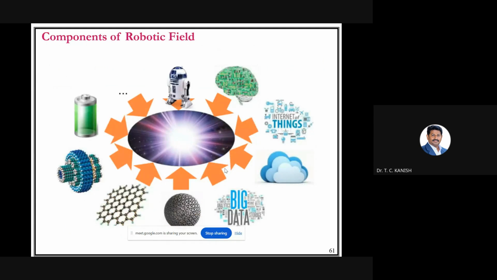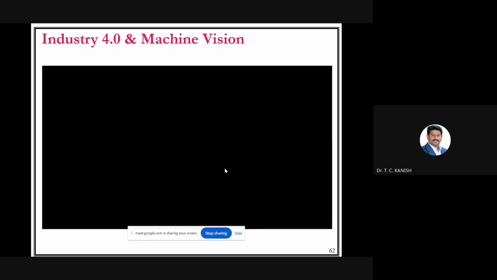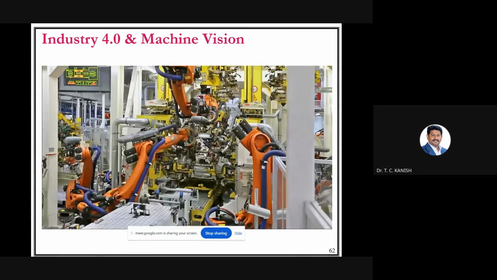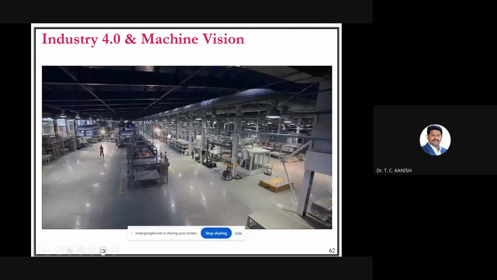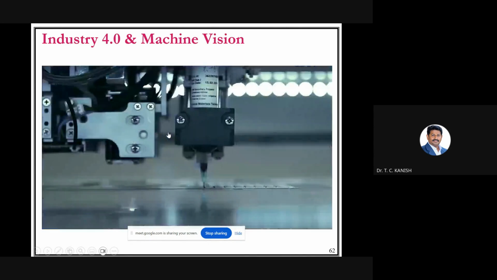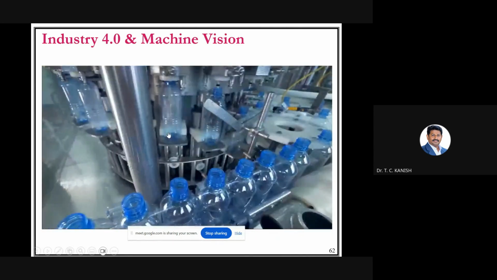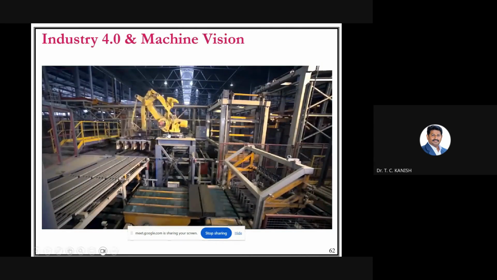And the components of the robotic field, whatever fields we have discussed, Internet of Things, cloud, big data, artificial intelligence, everything is shown here. And then Industry 4.0, how machine vision is helping. What will the manufacturing of tomorrow look like? Industrial parts are becoming smaller. Products get to market with less waste, faster, and on time.